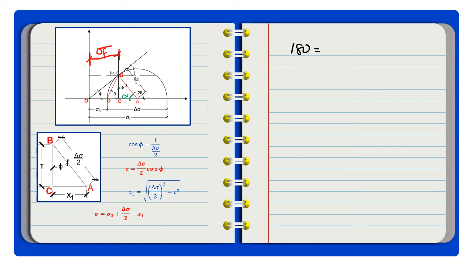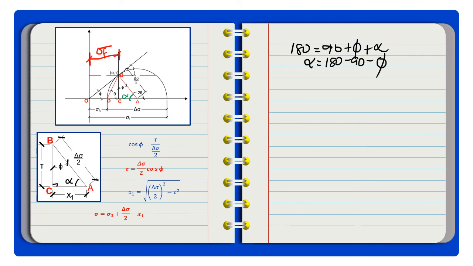So, ibig sabihin, that is 90, kasi 90 degree yung isang angle dito, then ito alpha. So, that is 90 plus phi plus alpha. So, si alpha yung kailangan natin. So, we could have alpha is equal to 180 minus 90 minus phi.